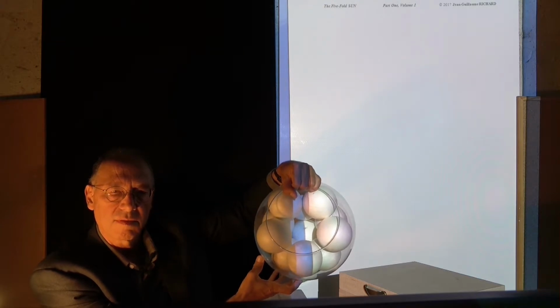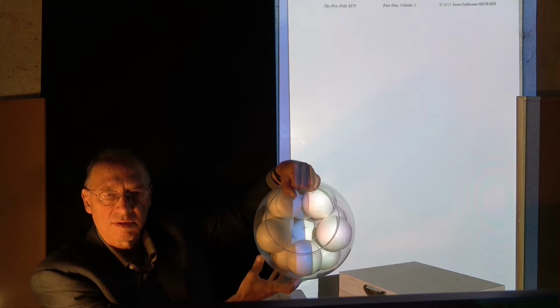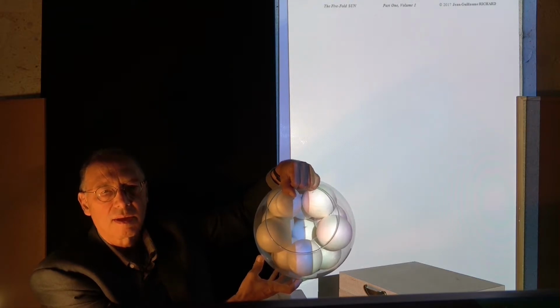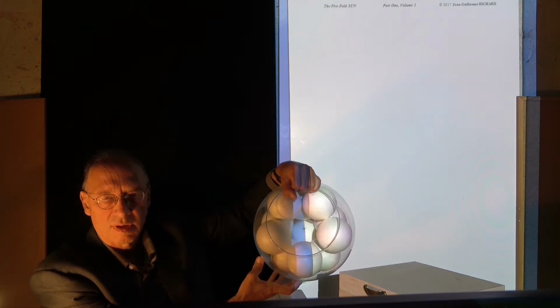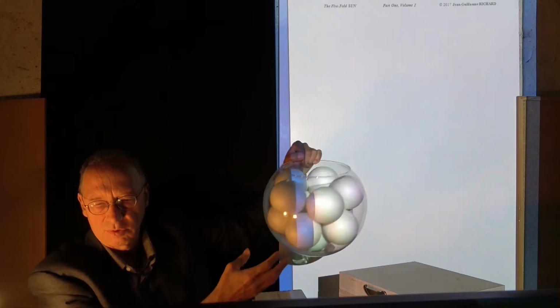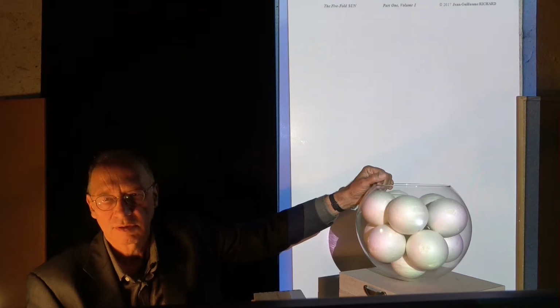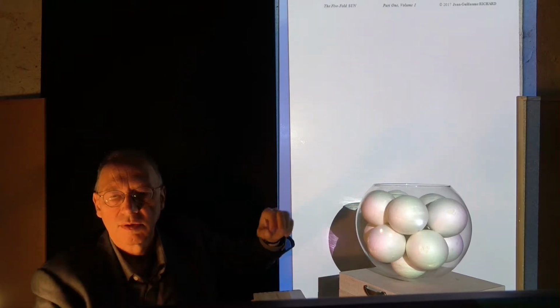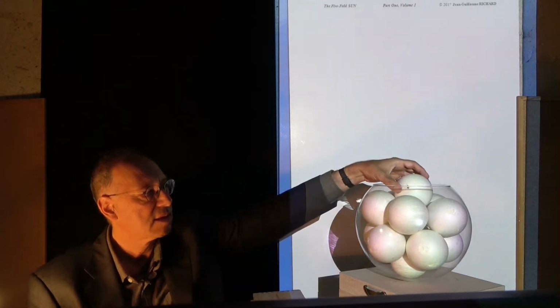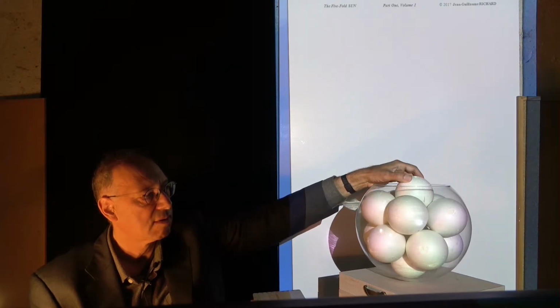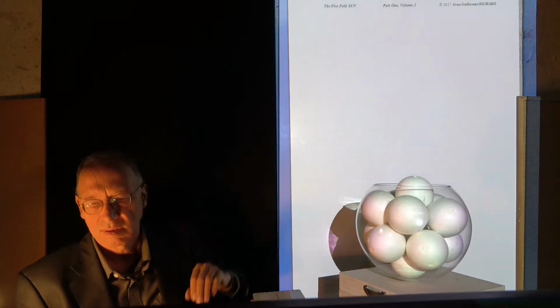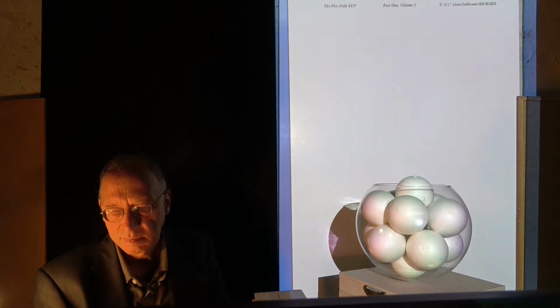Because the spheres are mutually tangential and tangential to the outer envelope, you see that there is not much motion among these spheres when I hold this arrangement in any position. And in theory, if the arrangement was implemented perfectly, there would be absolutely no motion. This is called geometrical frustration and is due to the fact that there is a tangency among all of the objects that are assembled.